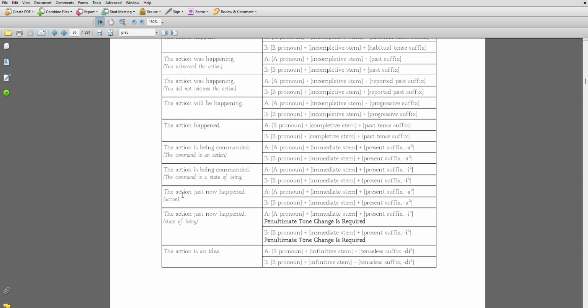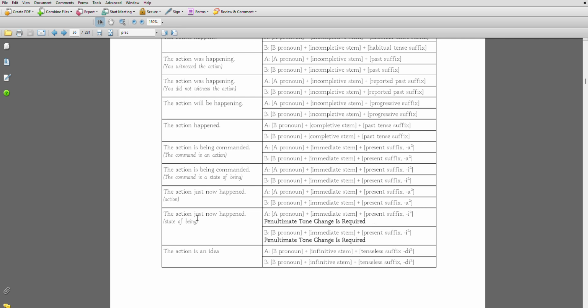So for example, if you wanted to say the action just now happened with the immediate stem and it's a set A pronoun, then you're going to connect a set A pronoun with the immediate stem and the present suffix E if it is a state of being, or A if it is an action.